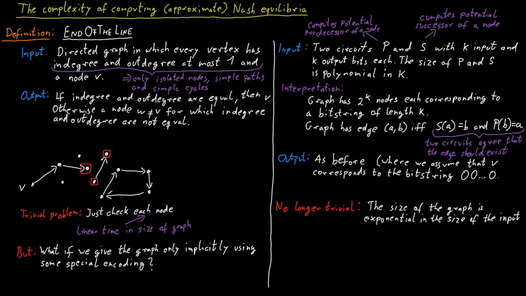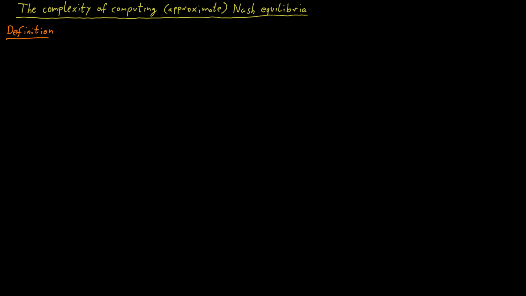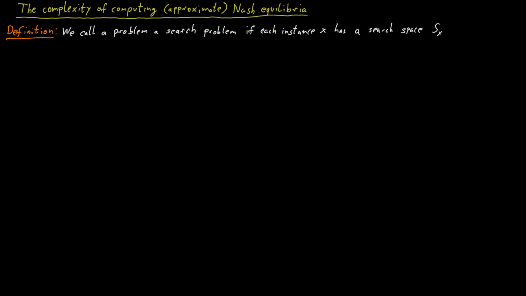So it's a search problem. So let me formally define what a search problem really is. We call a computational problem a search problem if each instance x has a search space Sx associated with it. And the search space is just a set of bit strings that have polynomial length in the size of the input.